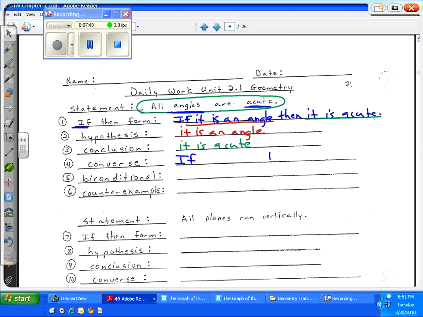It's still going to say if, then. It's just we're going to make what was the conclusion the hypothesis, if it is acute. And we're going to make what was the hypothesis the conclusion, then it is an angle. Any questions on that?